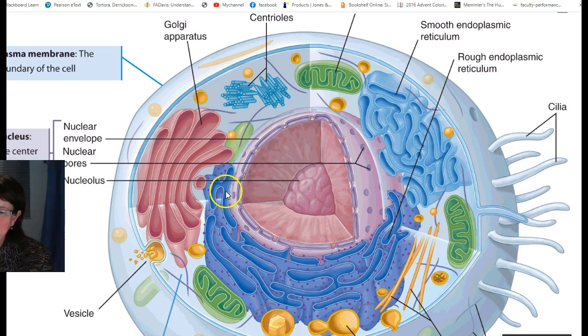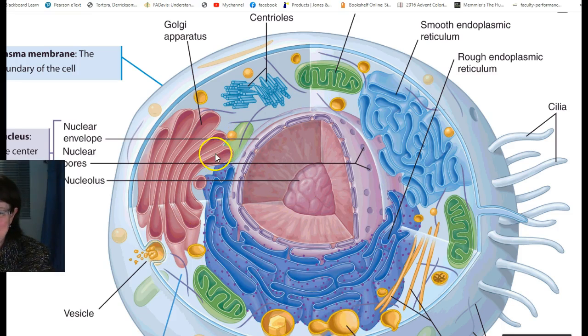After these proteins are made, they are put into the endoplasmic reticulum, and in the endoplasmic reticulum, that's where they are folded and modified. In the smooth endoplasmic reticulum, that is where the lipids are created, folded, and modified. Then they will branch off. The endoplasmic reticulum branches off these little pods called vesicles.